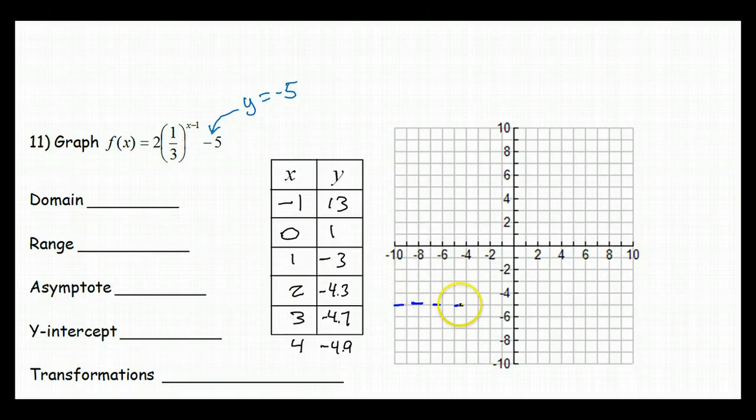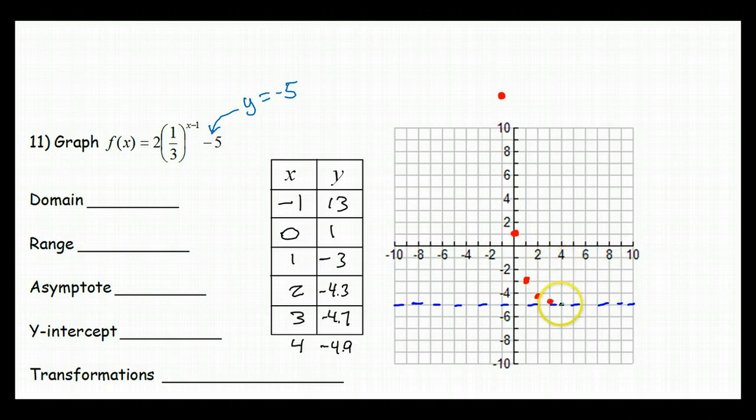Show the asymptote as a dotted line. And then graph your points. Alright, -1 is 13, so this is like 11, 12, 13. It would be like up here. 0, 1. 1 is -3. 2 is -4.3. 3 is -4.7.